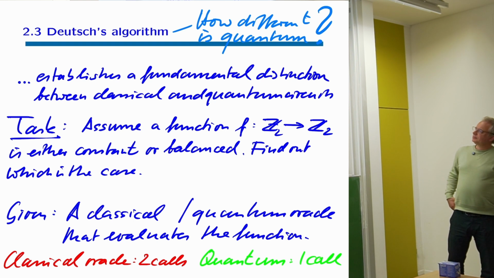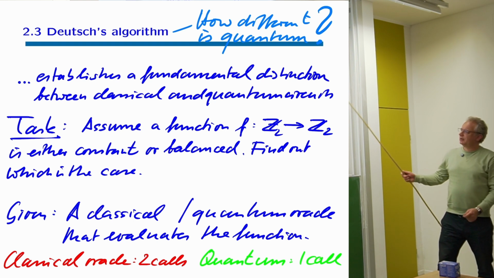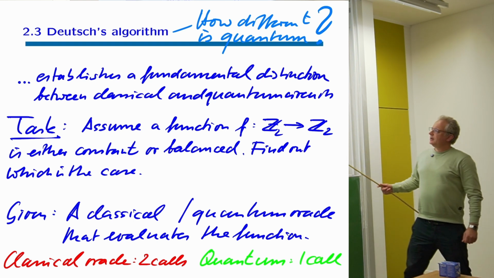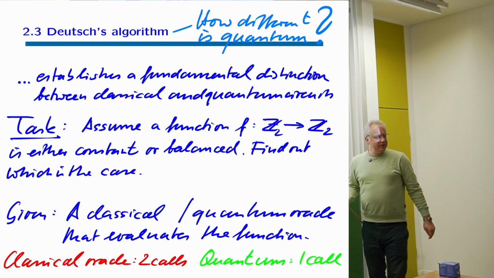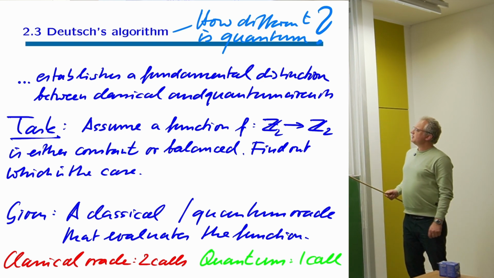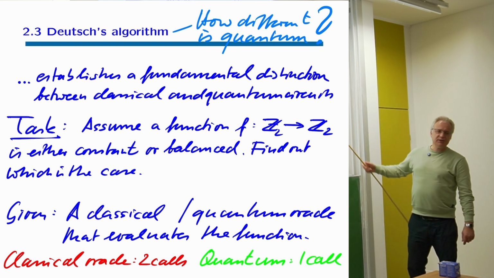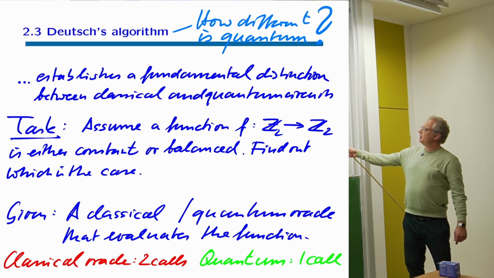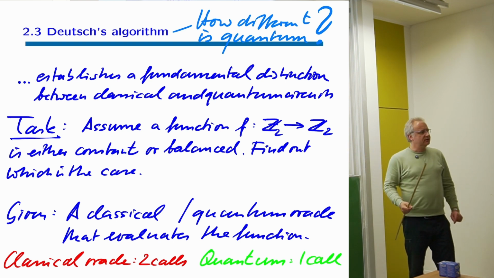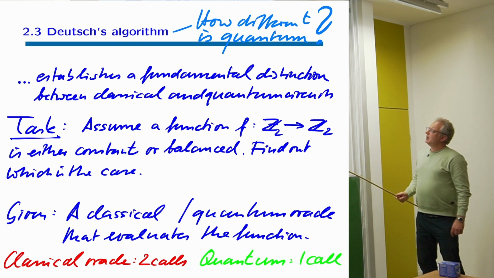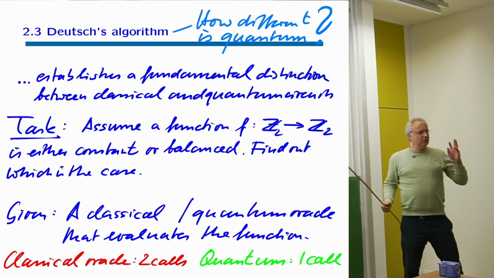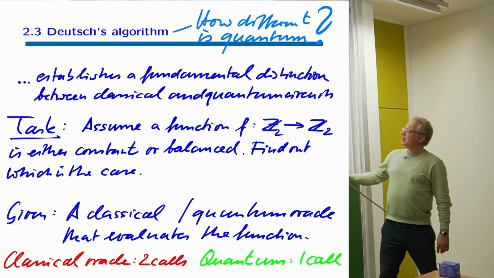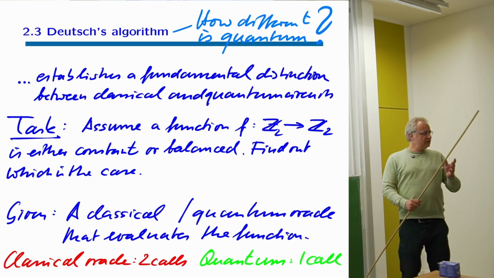So it's just to point out a fundamental distinction. And so the task here is maybe a little bit contrived. So consider the following situation. You have a function that goes from the binary numbers to the binary numbers. There's 4 such functions, and you don't want to know all about the function, you just want to know if it is constant or balanced. Yeah?